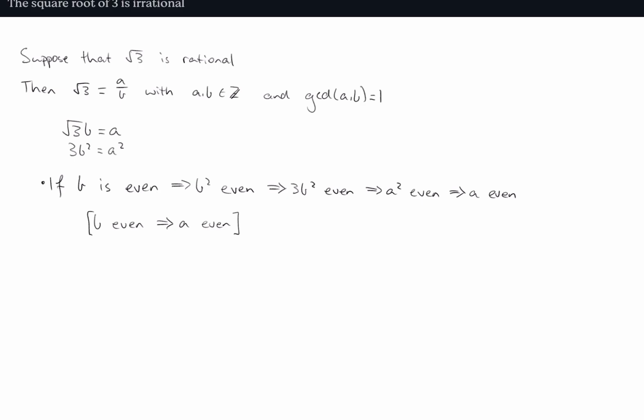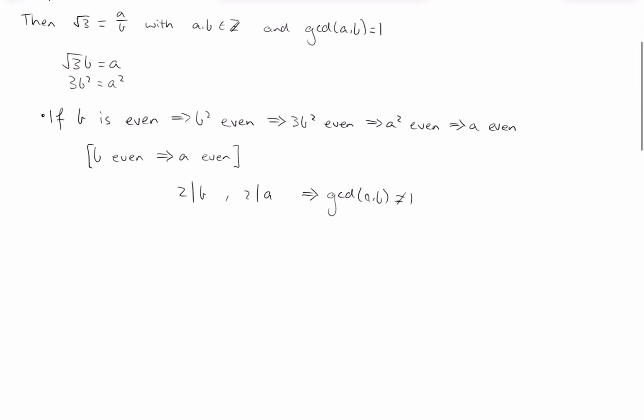So we know that 2 divides b, and 2 divides a. In this case, the greatest common divisor of a and b cannot equal 1. So we've contradicted the assumption we made at the beginning. That's no good. Well, it is good for our proof. So I'll just write contradiction.